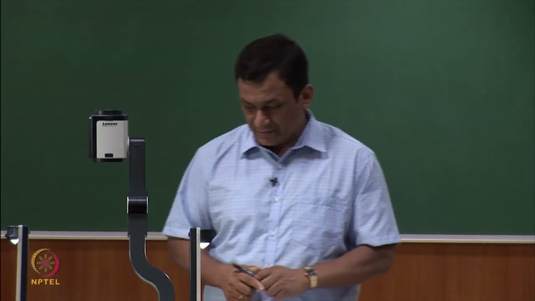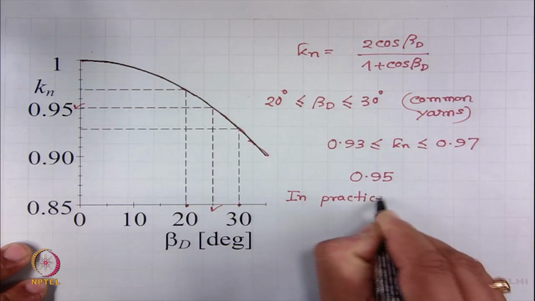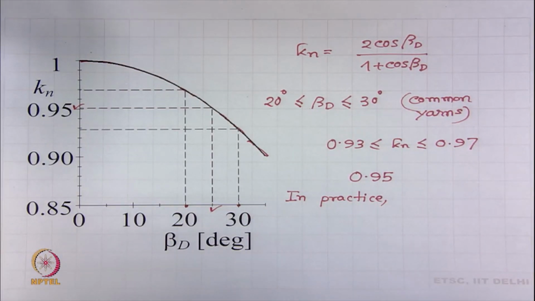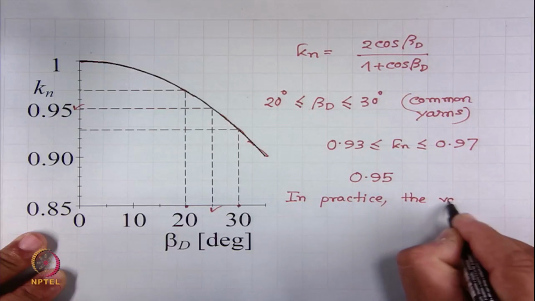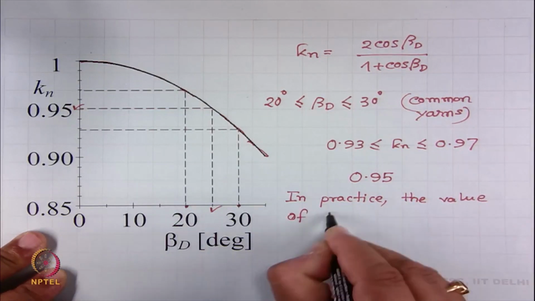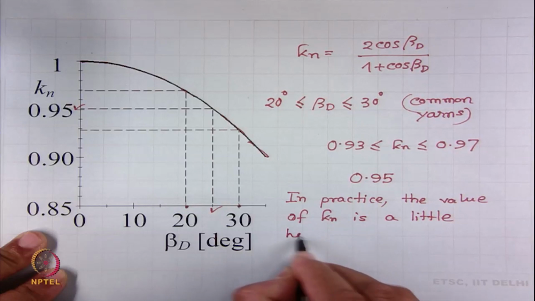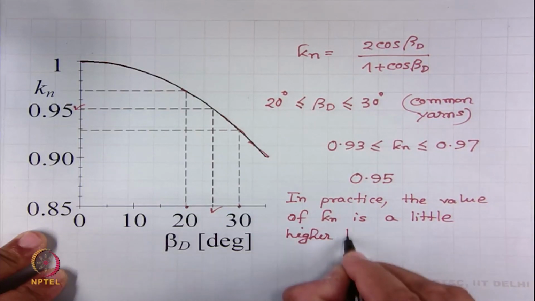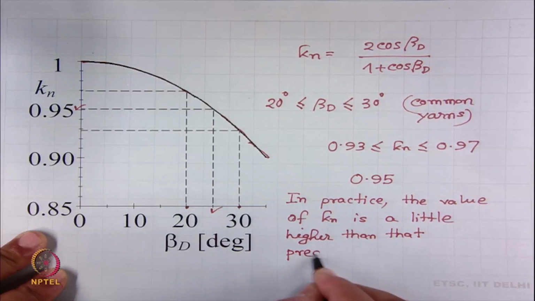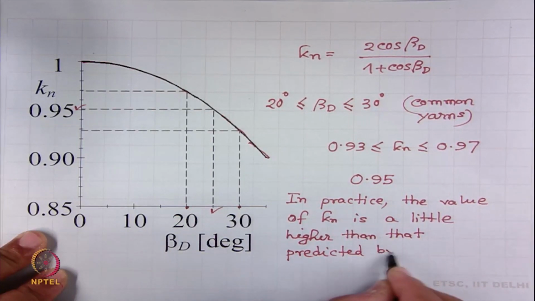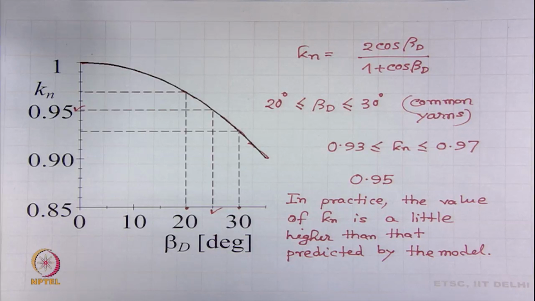But in practice the value of Kn is a little higher for ring yarn than that predicted by the model. Little higher, that is what we observe.